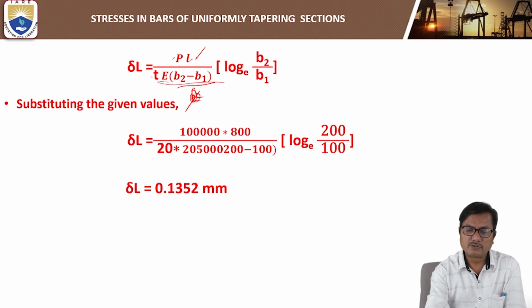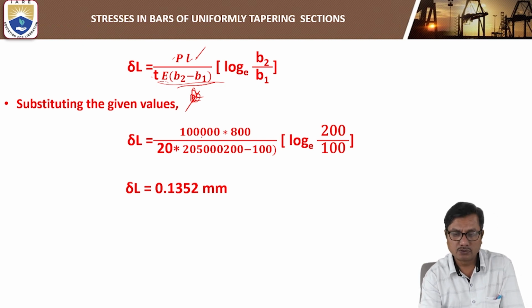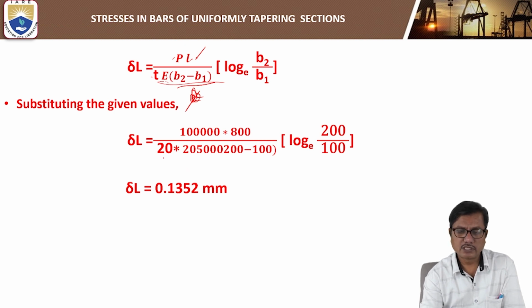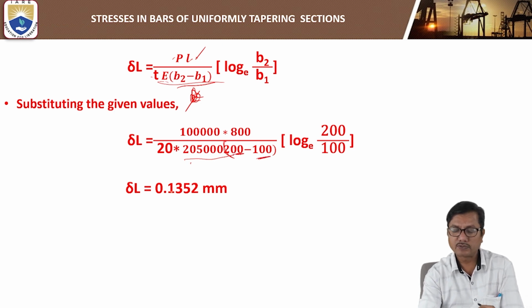Now, while substituting, you should take care of the units here. P is given in kilonewtons, so first convert that into newtons. And L is in millimeters, T thickness in millimeters, Young's modulus in Newton per mm square, and B2 200, B1 100.